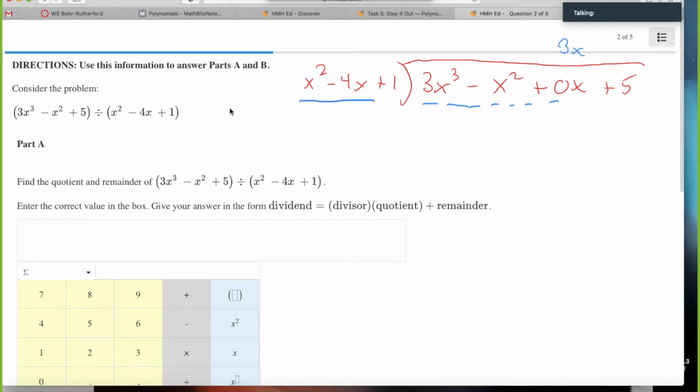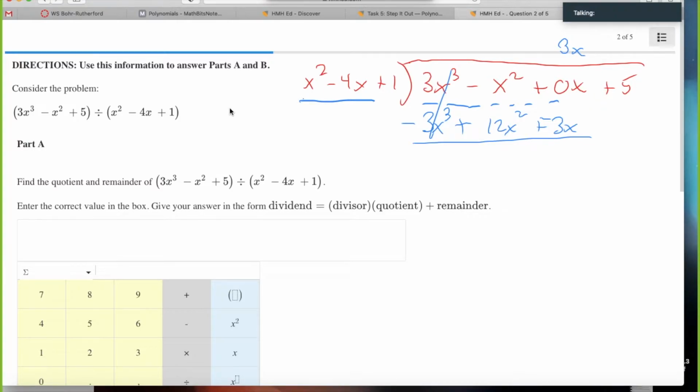So 3 times x squared is going to be 3x cubed. 3x times -4 is -12x squared, and 3x times 1 is just going to be a plus 3x. So just like with normal long division, you're going to subtract that. So I'm going to change the signs, or add the opposite. So that's going to be 0.